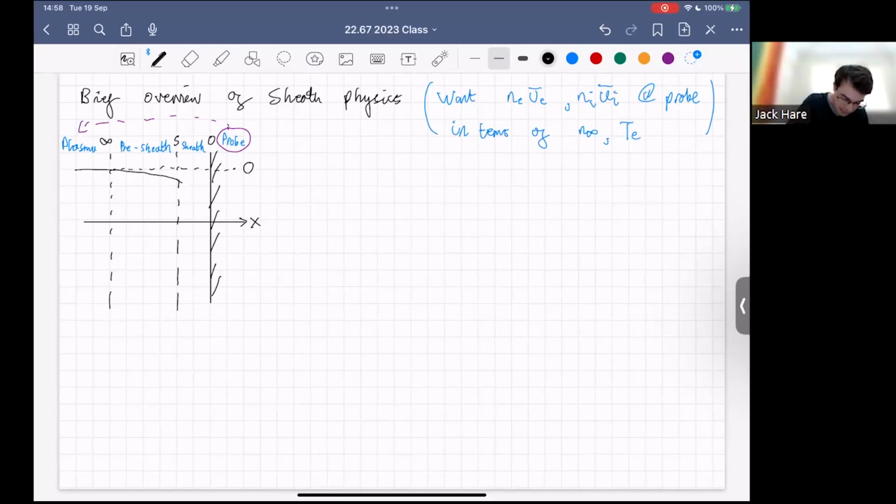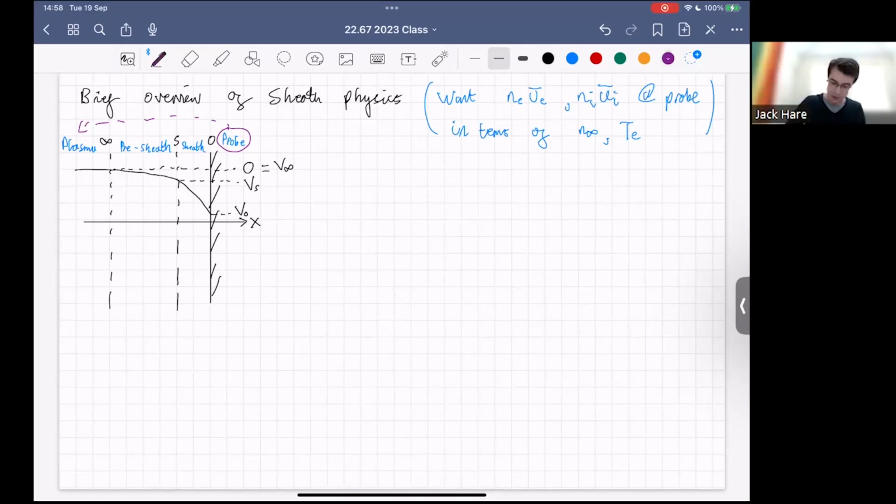And then it's going to drop down to whatever potential it is at the probe, which is the bias point that we put our probe at. We call that V0, and we call the potential at the edge of the sheath Vs, for V sheath. I could write V infinity here, but again, we've decided that's going to be 0, so we're going to measure everything with respect to that. And you'll see in the picture I've drawn, everything is negative with respect to that.